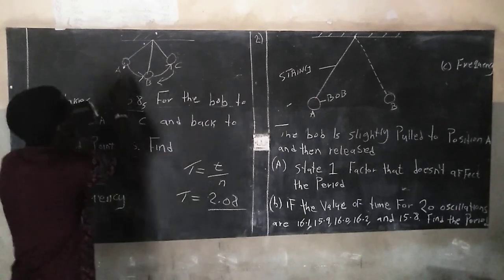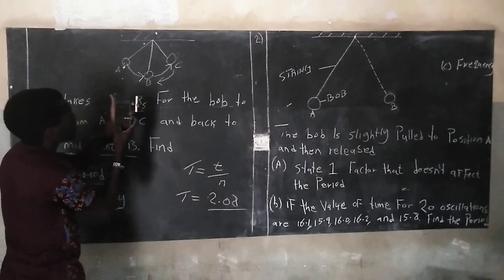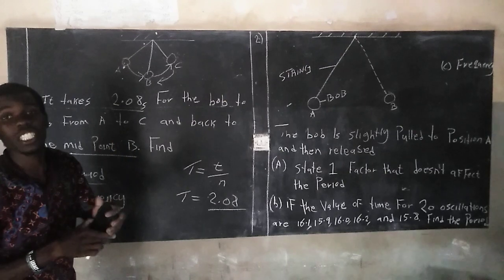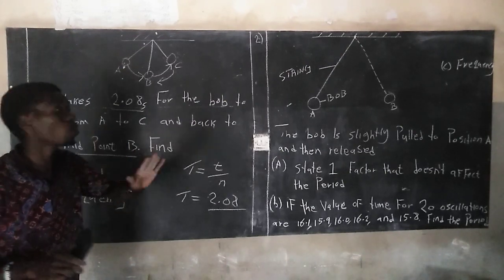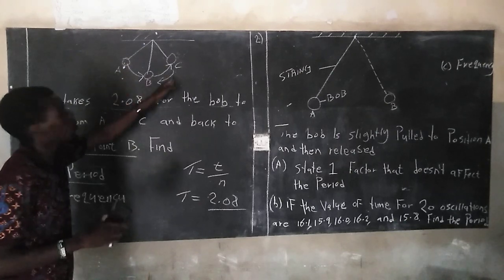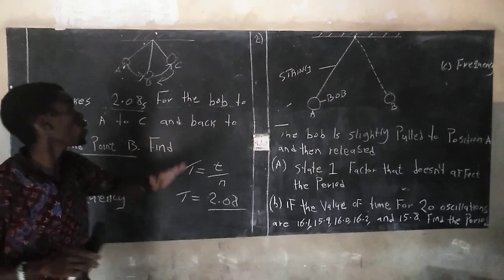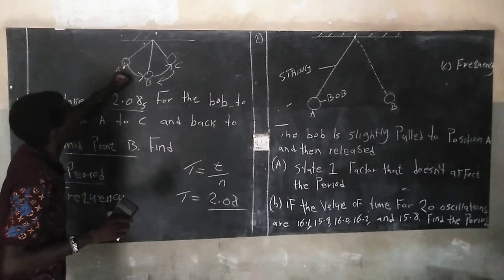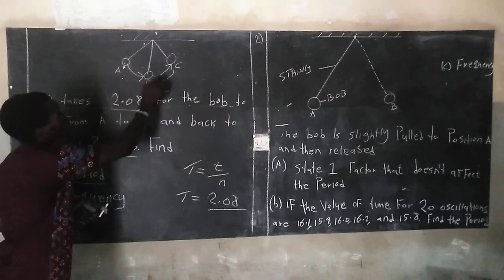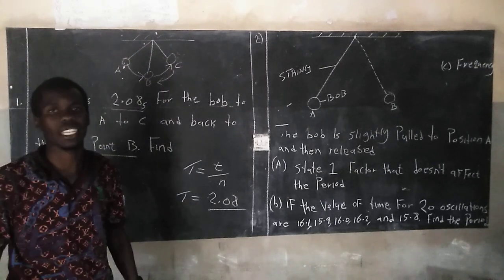Since here and here it's half, 0.5 plus 0.5 comes to 1, of which this is wrong. That's not how you count the number of oscillations. So from here, this is a quarter, here a quarter, such that when you add quarter plus quarter, and again quarter plus quarter, you're going to have one complete oscillation.